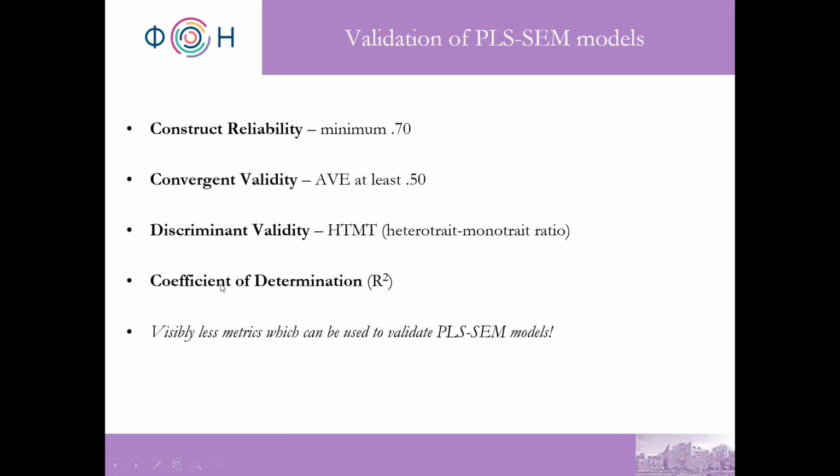What can additionally be used, of course, is the coefficient of determination. The coefficient of determination can be used for both covariance-based and partial least squares SEM models. But as I said, when it comes to PLS-SEM models and the model quality, construct reliability, convergent validity, and discriminant validity are most commonly presented.